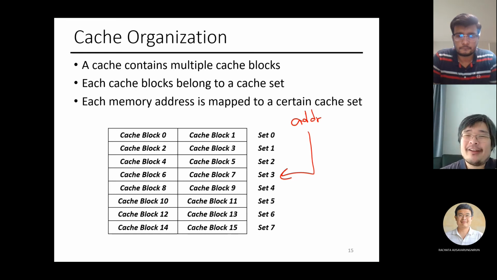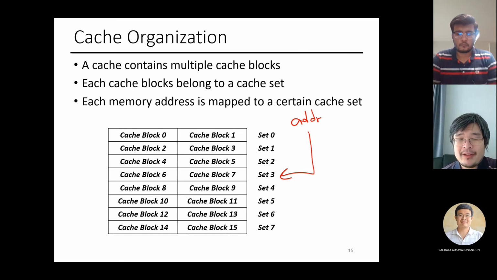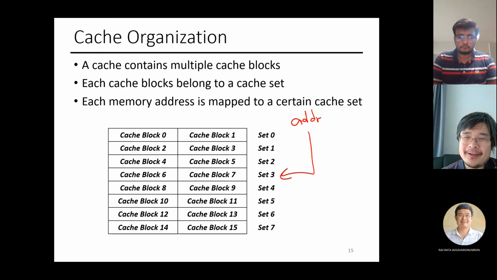Imagine a high school classroom setting. In one year, there are going to be multiple classes. And let's say you want to search for students. I would assume the student maps to one of the classrooms. It may be classroom number 1, classroom number 2, classroom number 3. I have the name of the student. That's my tag. From the address, I also have the class number that the student belongs to.